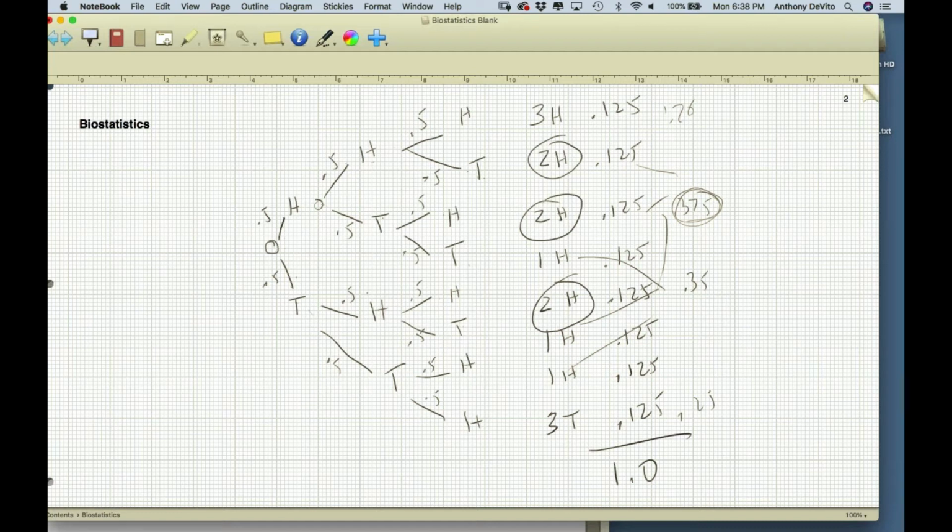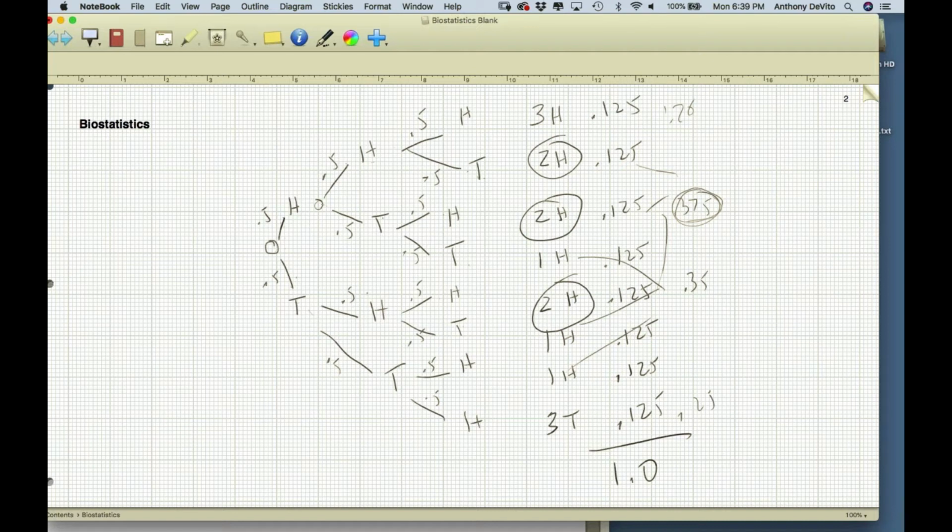So as we get further and further away from 50, the less likely we are to get that outcome. 50 is the most likely outcome, 49 and 51 are next most likely, 48 and 52 next most likely. And as we go further and further away from 50, it's less and less likely that we would get that particular number of heads out of 100 tosses, right?